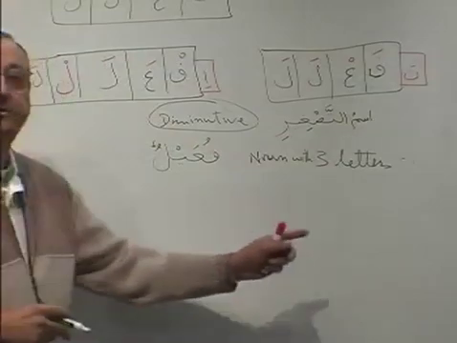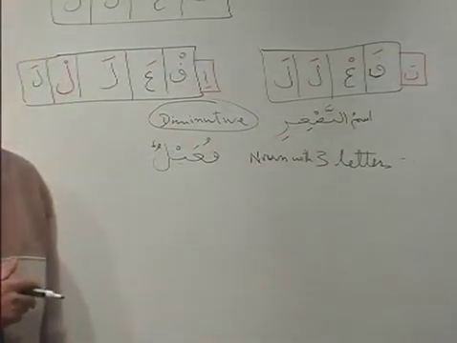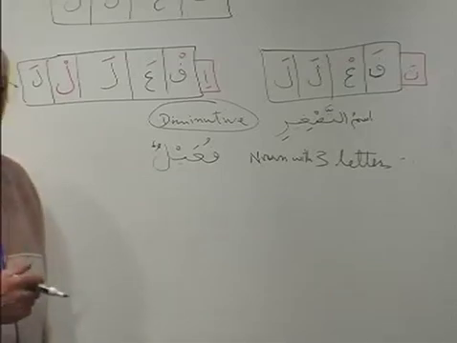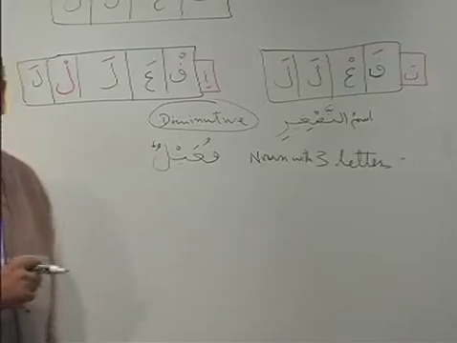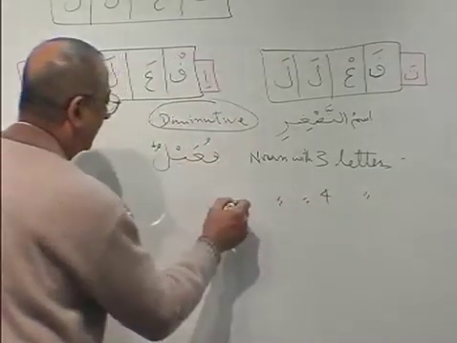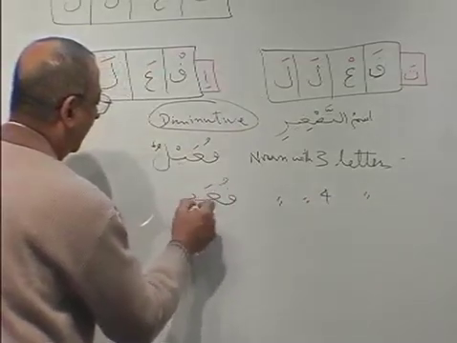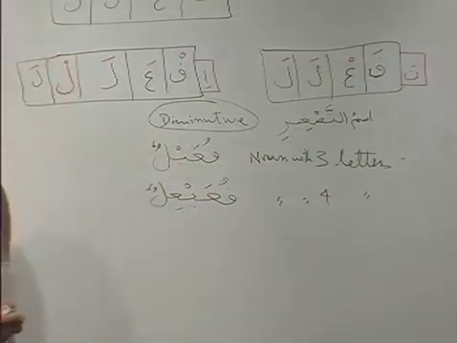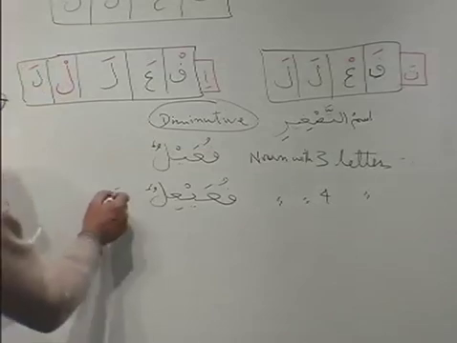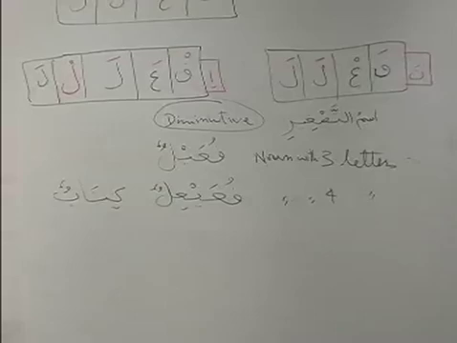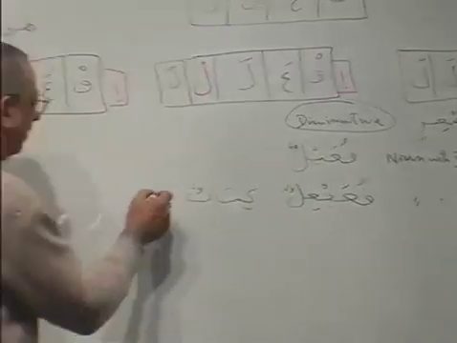If the noun is 3 letters, what is the wazn? Fu'ayl. Waladun, wulaydun. Jabalun, jubaylun. Abdun, ubaydun. Noun with 4 letters, fu'ay'ilun. Got the idea, brothers? Kitabun, kutayyibu. See? Ki, ta. How many letters are there? 4 letters. So what will happen now?